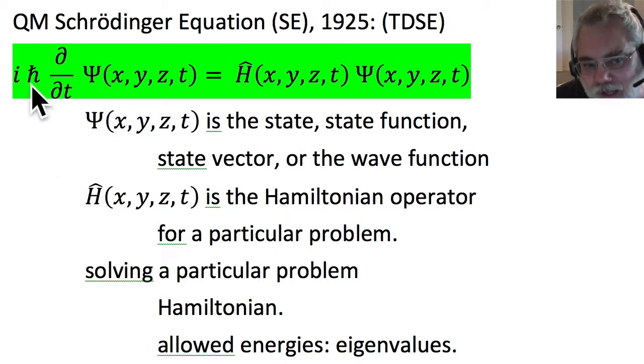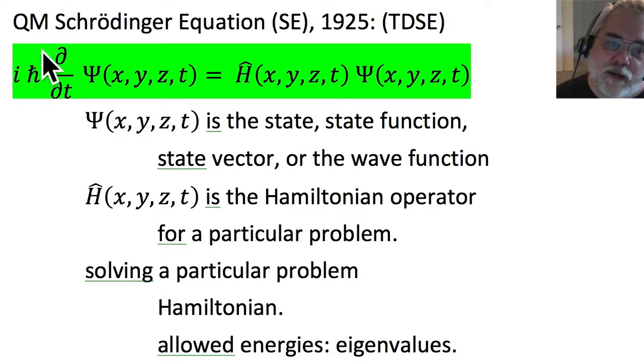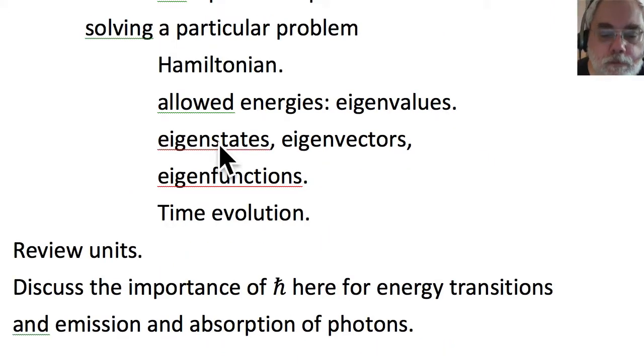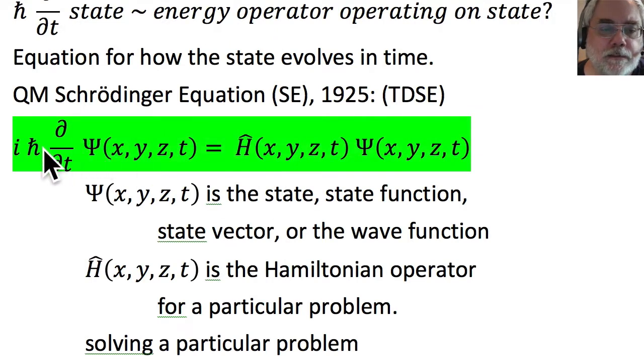This must be h bar, and it is h bar. We got here by waving our hands, but we waved our hands exactly correct. So we just said that h bar on the left-hand side of the Schrodinger equation glues together differences between energy levels on the right-hand side and the right frequency of oscillation needed to emit or absorb photons.